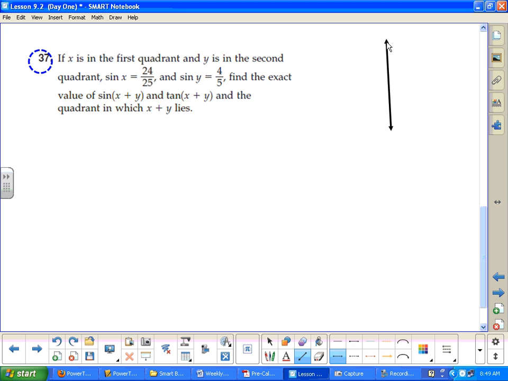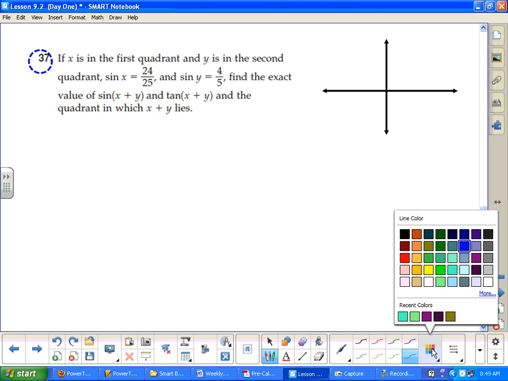Well, the nice thing about this is that one of them's in the first quadrant, one's in the second, right? Okay, so go ahead, draw the triangles. You draw them on your paper. I'll draw them on mine. And fill in the important information.